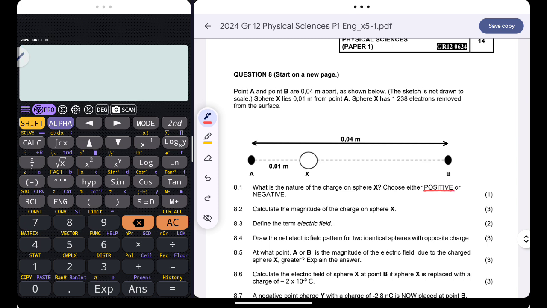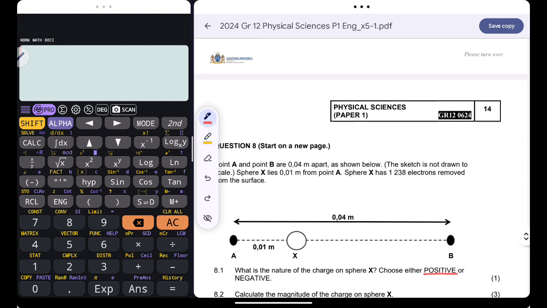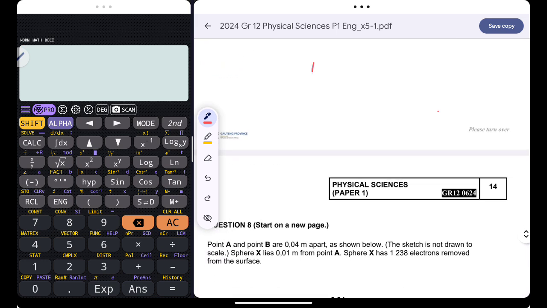Okay, and then now they want us to calculate the magnitude of the charge on sphere X. For the magnitude of the charge, we'll simply say the number of electrons that were removed is equal to the change in charge over the unit charge of an electron. The number of electrons that were removed is 1,238 electrons.